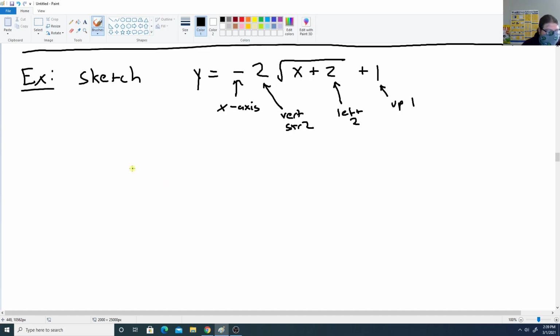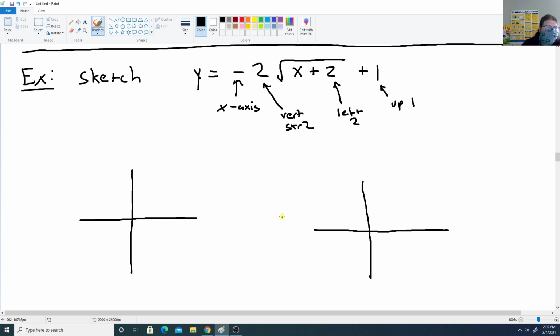So I'm going to have a scratch work graph where we do most of our stuff, and then we'll move the final answer and redraw it nicely over here. So my starting graph is square root of x, which looks kind of like this. Starts at the origin and trails off, and I knew that from memorizing my 2.6 information.